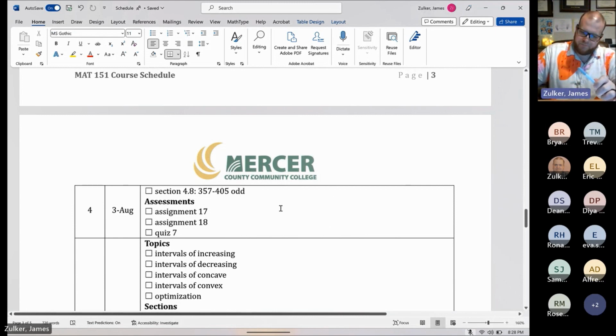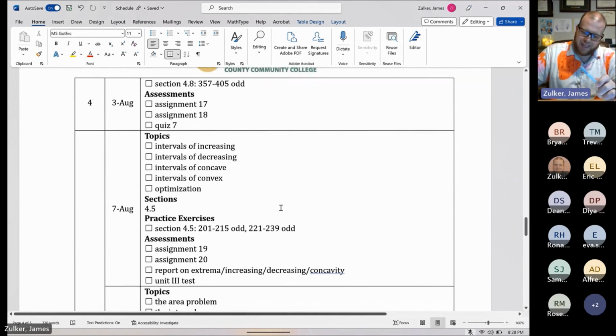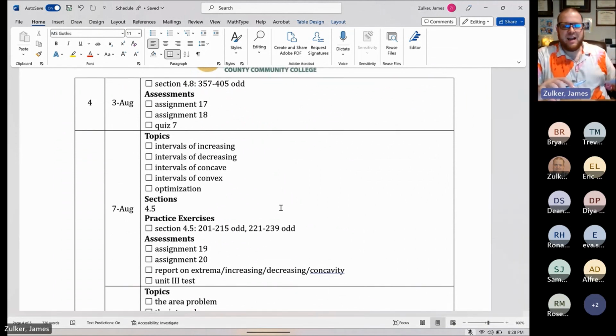All right. Now, I want you to notice, if you haven't looked at the schedule lately, I did update it because I forgot to put in optimization. So optimization is added for Monday evening, and that will also happen to conclude the third unit.